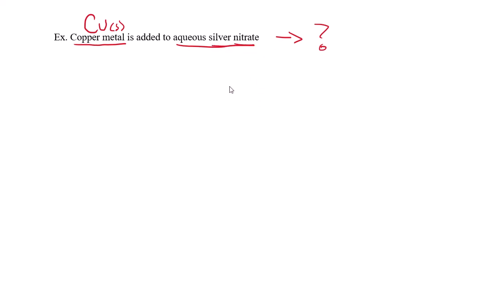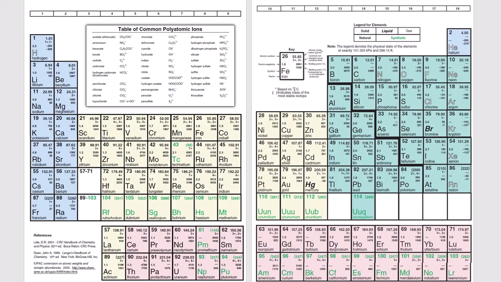Now, if I didn't know what silver nitrate was, now is when I'd go to my periodic table. So let's find these guys. Silver is down here. Periodic table tells us that silver has a 1+ charge. We're going to need that information. And we find nitrate over here is NO3 minus with a 1 minus charge.